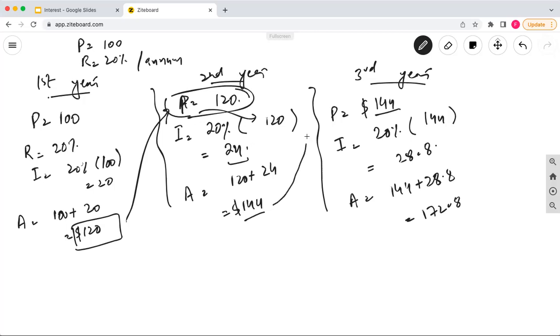Now this will be the starting value for the next year, that is 144, and 20% of this is 28.8, and our final value became 172.8. Till now everything is clear? Shall I move forward? I'm just trying to build a formula from this.